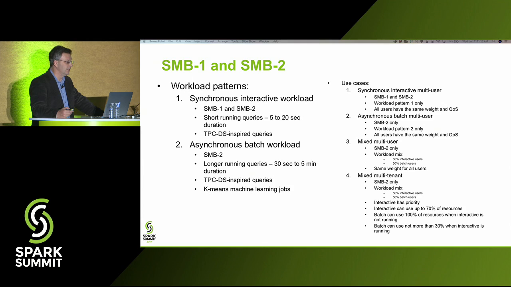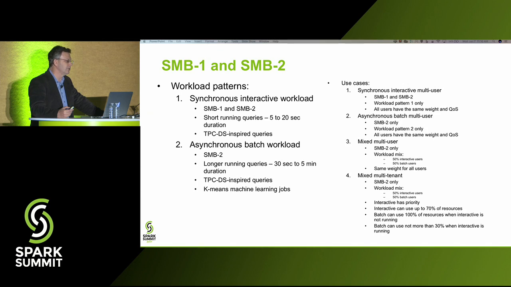In synchronous interactive, we're running TPC-DS-inspired queries, short queries from 5 to 20 seconds. We're running them in sequences from the client, with one Spark context, and the sequence is submitted one after another synchronously. So it waits for one query to finish, and then starts the next one.